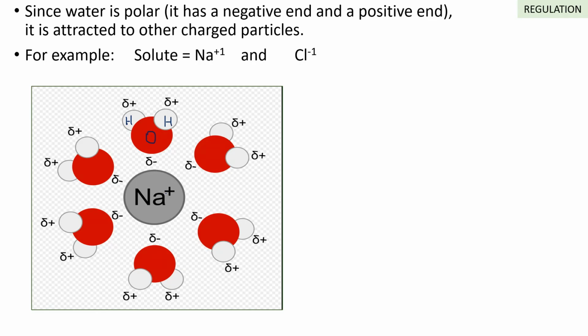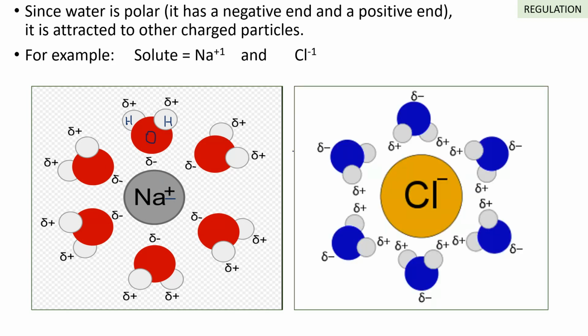But if you have salt in the blood, in the plasma, that salt is going to dissociate. It's an ionic compound, so it's going to break apart into sodium ions and chlorine ions, which are charged particles. These charged particles can be electrostatically attracted to one side of the water molecule. The chlorine, for instance, is attracted to the other side of the water molecule.